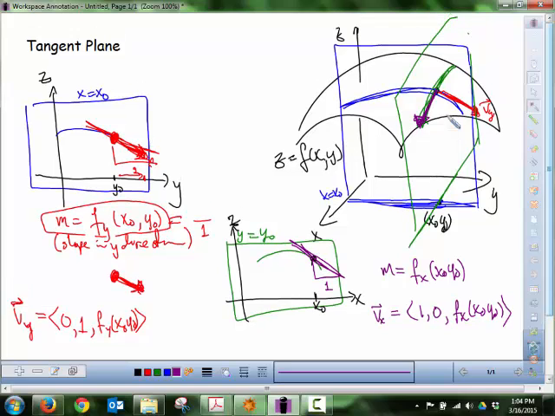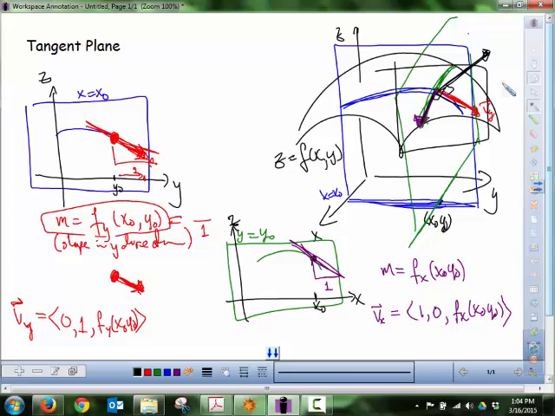So we have two vectors that are tangent to the surface, so you could be certain that those two vectors are on the tangent plane. And when we have two vectors on the tangent plane, we can find a vector that's perpendicular to them, and that's going to be our normal vector to the plane.